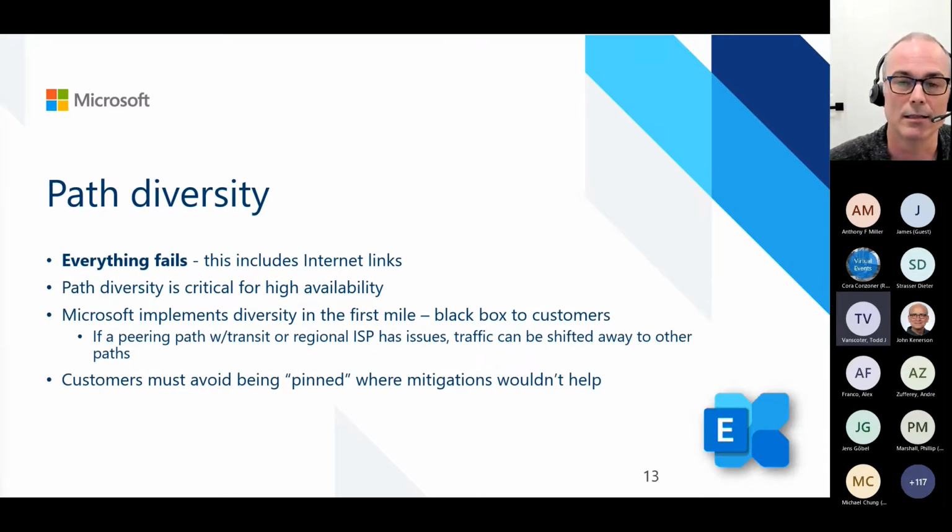So again, everything fails, including internet links. Wherever possible, we encourage our customers to use path diversity for their internet connectivity. Think about using multiple ISPs. If you have branch locations where you're relying on internet connectivity, a couple of commodity, potentially consumer level internet connections may make more sense than a single business class connection.